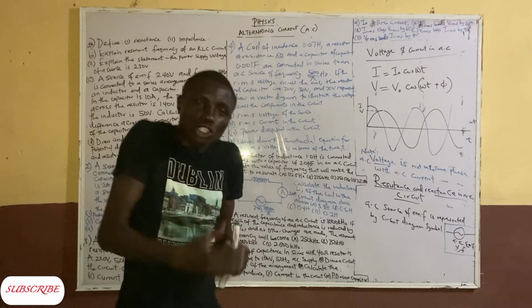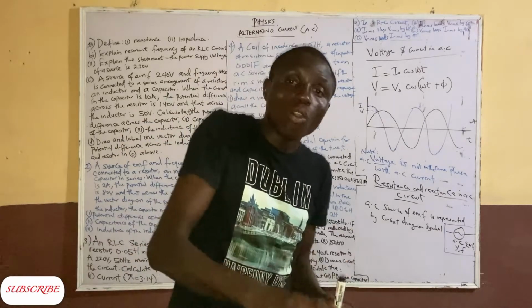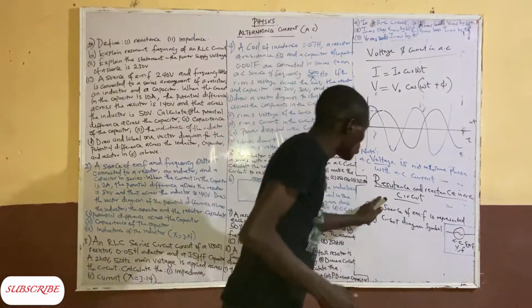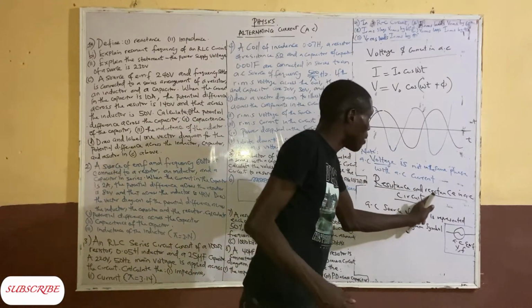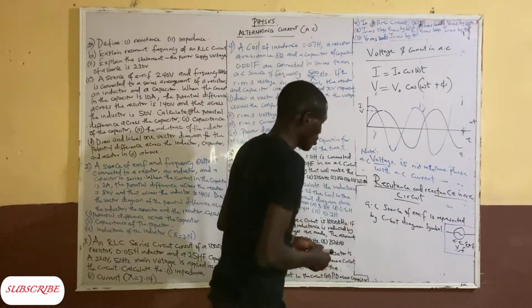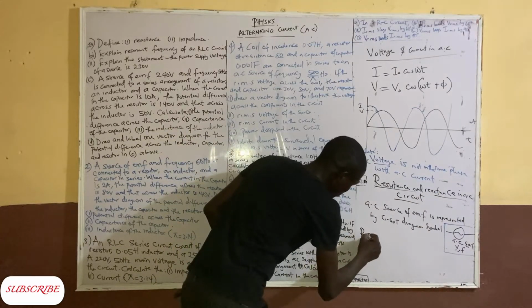What I mean by that is that resistance and reactance are defined as the opposition, measured in ohms, to an alternating current caused by the resistor, capacitor, and inductor. So we are talking about resistance now.